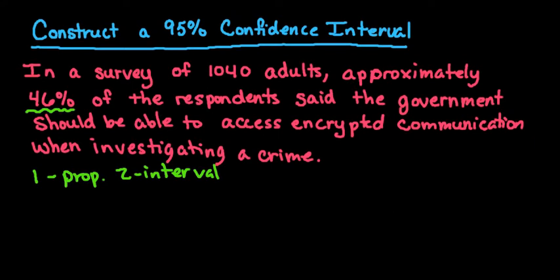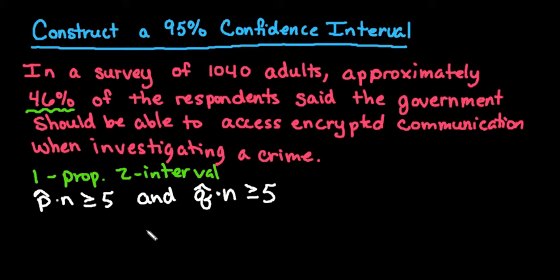Okay, in order to use this one, there are a couple conditions that must be met in order for the central limit theorem to kick in. And the biggest one that you have to have is that p hat times n has to be greater than or equal to 5, and q hat times n also has to be greater than or equal to 5.